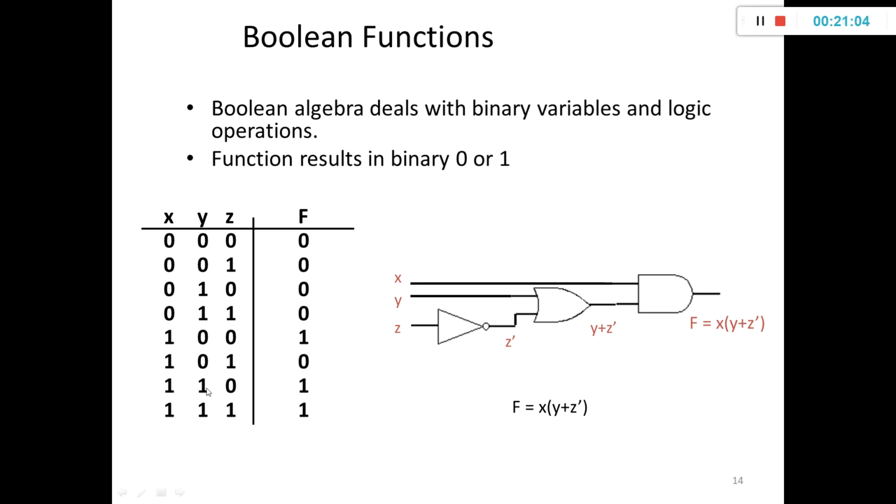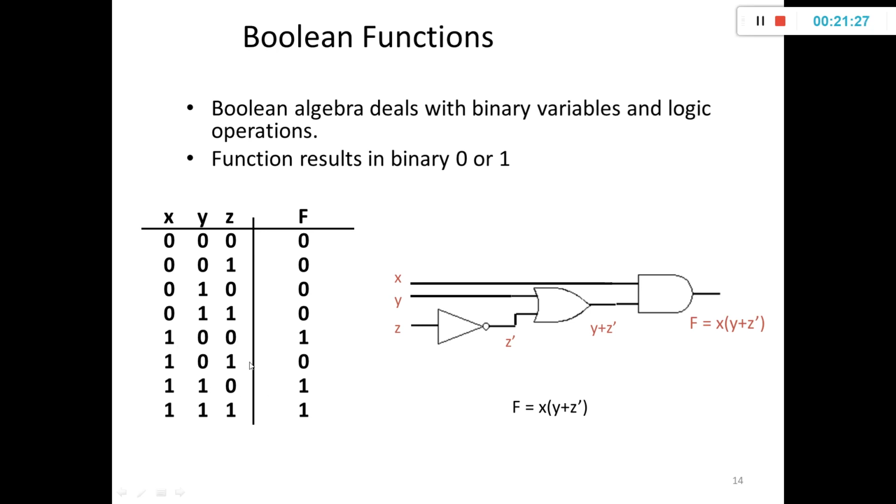Next, 110 has 1. Next, 111 has 1. So how do we write the Boolean expression? F of x y z is equal to x y bar z bar plus x y z bar plus x y z.